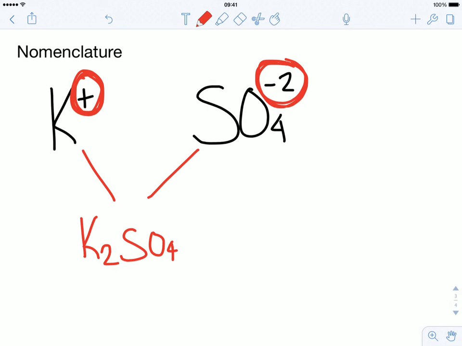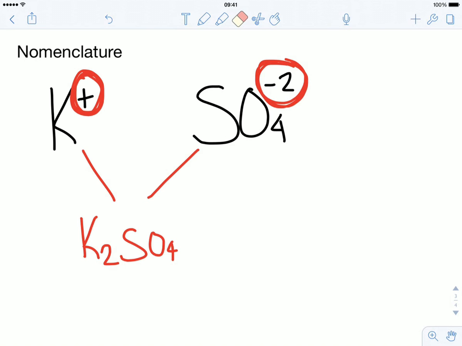K2SO4. And if we take a look at the charges, potassium is +1, but we have 2 of them, so that gives me +2. And the charge of sulfate is -2. The -2 cancels out the +2, that equals 0, and that would be our neutral compound. Okay, so that's how we write formulas when we put two ions together.